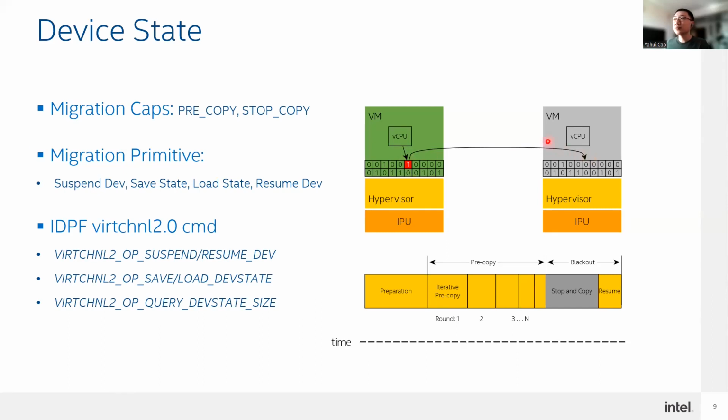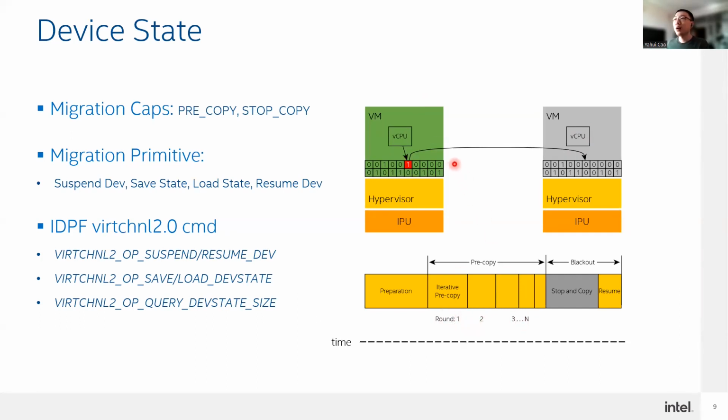Then we have to copy that data again to make sure the memory on the left and the right is the same. This means we need to do several rounds of copies, and that's why we call this the pre-copy stage, which starts from round 1, round 2, until round n.